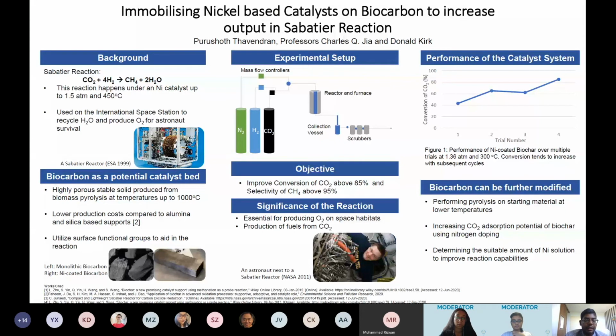Basically, if carbon dioxide is allowed to be absorbed onto it, it's easier for it to interact with the nickel metals on it, which helps make the reaction move faster. As the nickel catalysts themselves can easily absorb hydrogen more compared to carbon dioxide, that makes it more effective in that area.